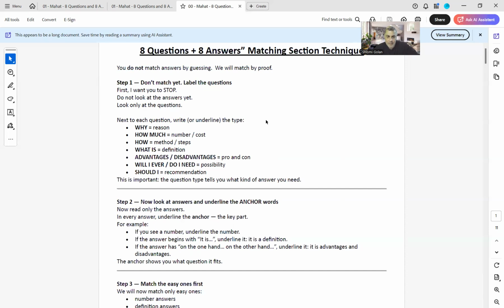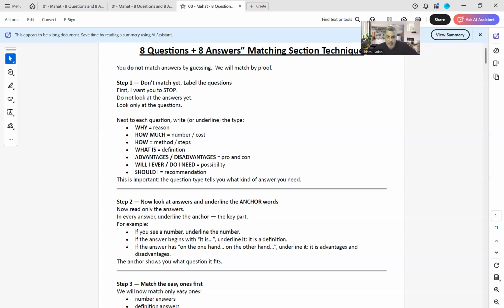What do I mean by the type of question? We have questions that start with why, or how much, or how, what is. Questions that include anchor words like advantages and disadvantages. Will I ever? Do I need? Should I? And why do you need to underline this?